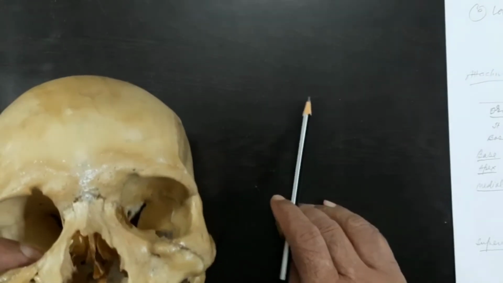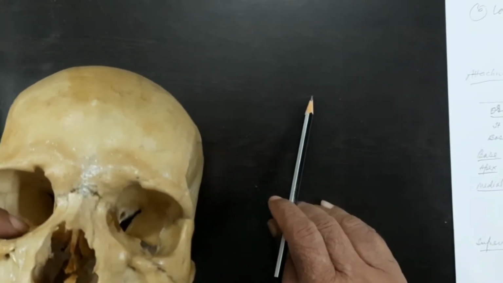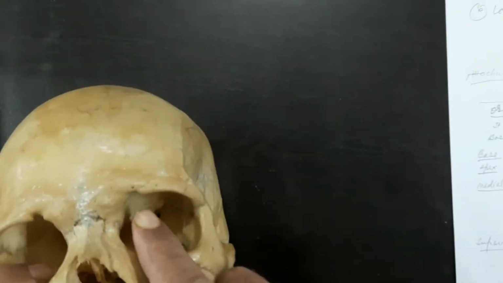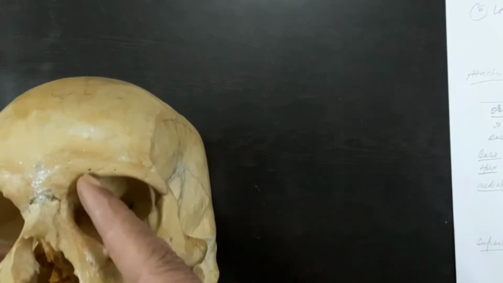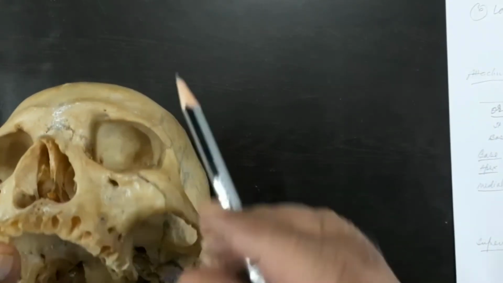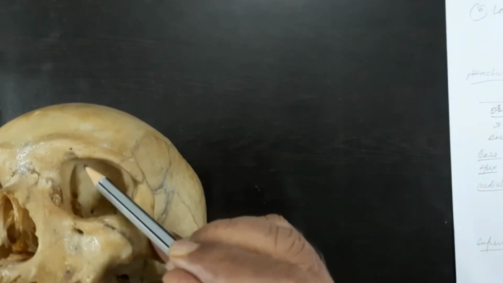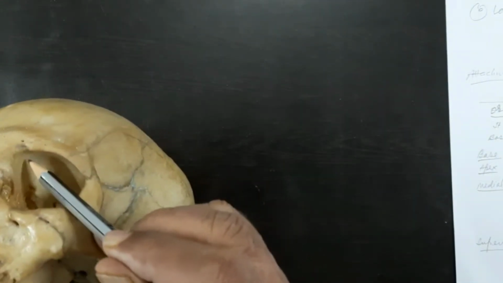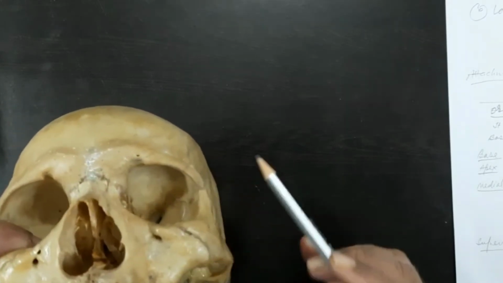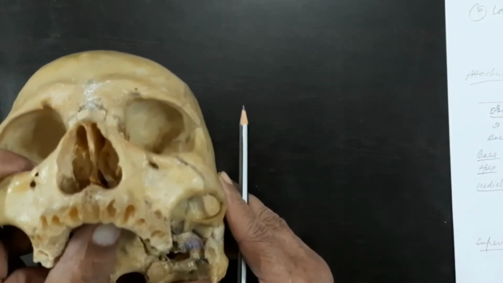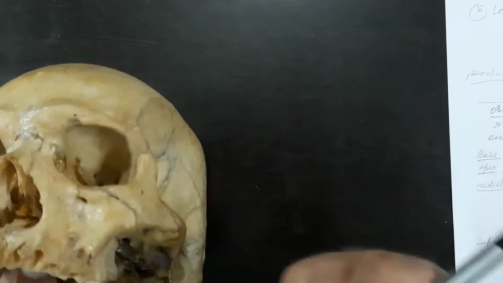Now, anteromedially there is a trochlear fossa. Anteromedially means in the roof, most anteriorly and to the medial side, there is a pit. See this pit, this is the trochlear fossa, which gives attachment to the pulley of the superior oblique muscle.